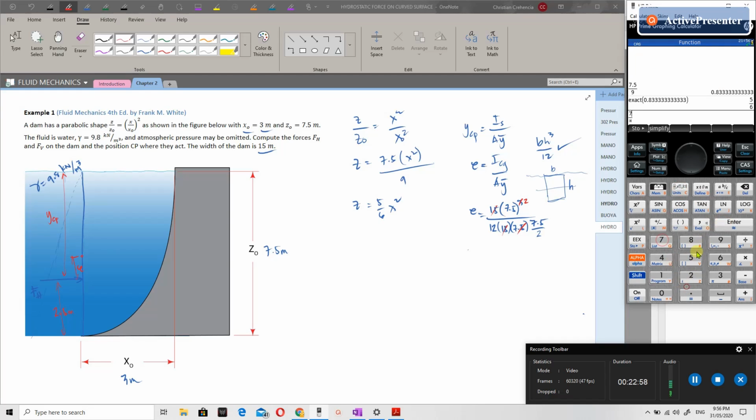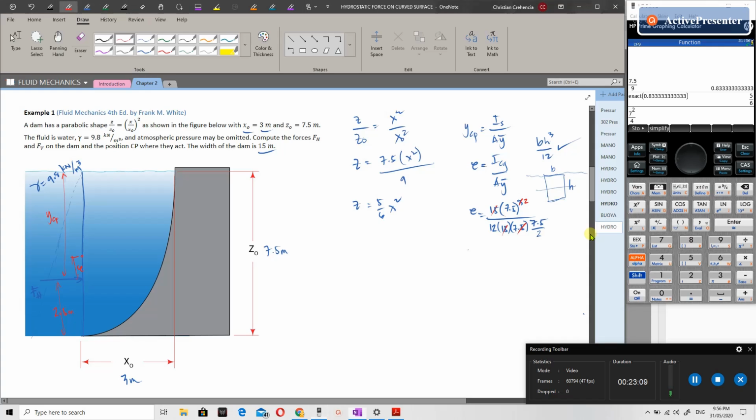So 7.5 squared divided by, we can cancel this. 12 over 2 is 6.